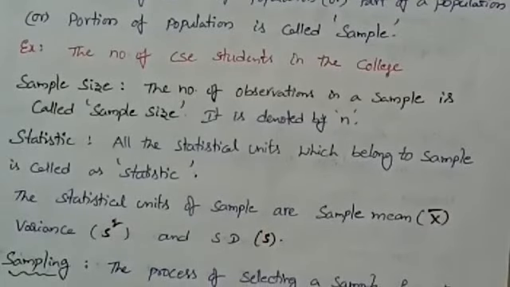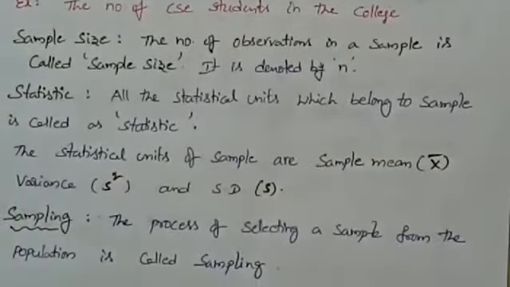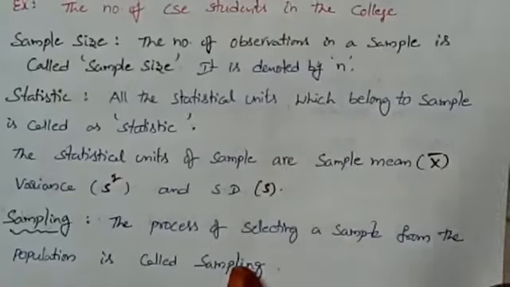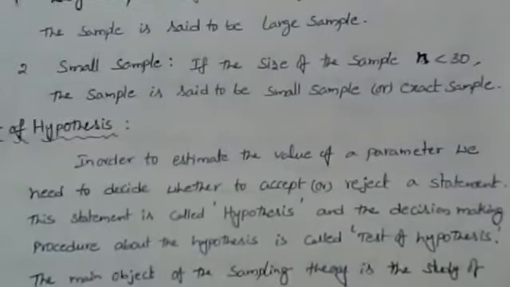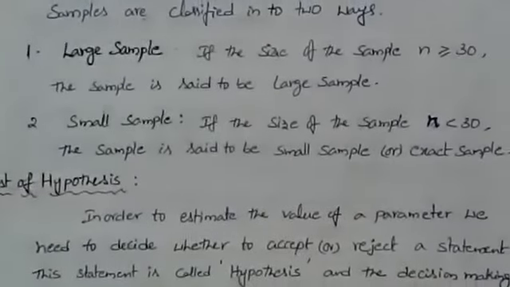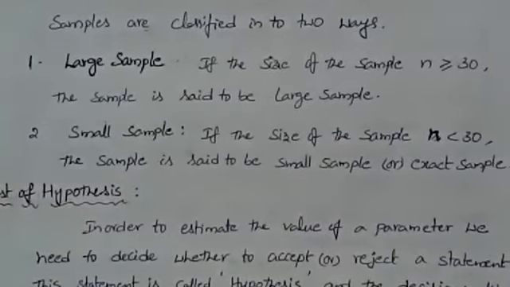Next, what is sampling? Sampling is the process of selecting a sample from the population. Now we can take the sample in different ways. We have two classifications: the first is the large sample and the second is the small sample.